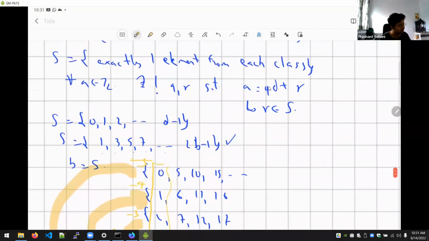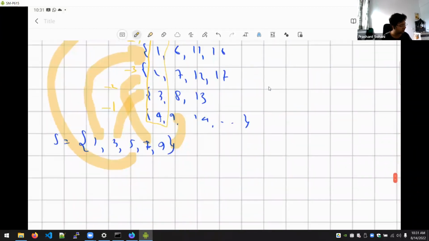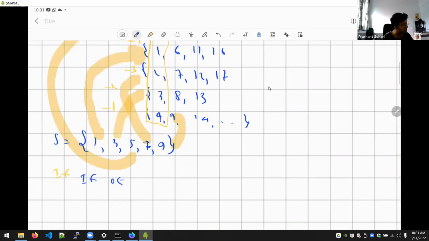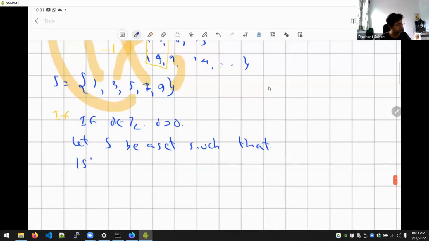But anytime you have a set S which has this property, that it has exactly one element from each class, it is called a complete set of residues modulo that. So if some number D is given as an integer and a set S is given, it has to have two properties. Firstly, every remainder has to be covered. The simplest way to ensure that is that the set has exactly D elements, and for any two numbers in S, D does not divide their difference.